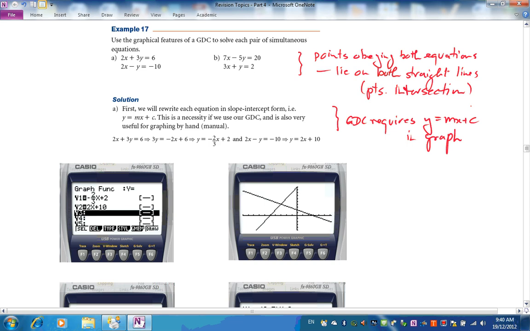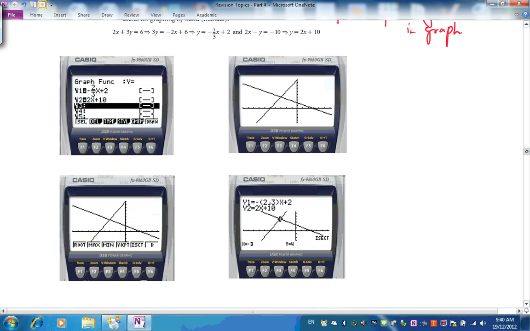That's what I've done here. In Pearson's textbook they've used the TI, but here we're going to look at the Casio. Here are our two equations. You must get them in that form and then enter them in graph mode on the Casio. So you go to menu, graph, and enter those two functions. Make sure they are highlighted there.